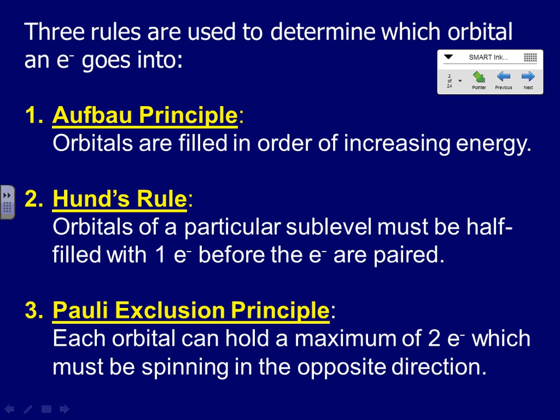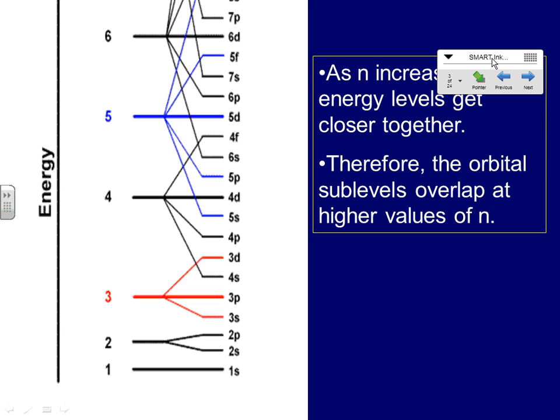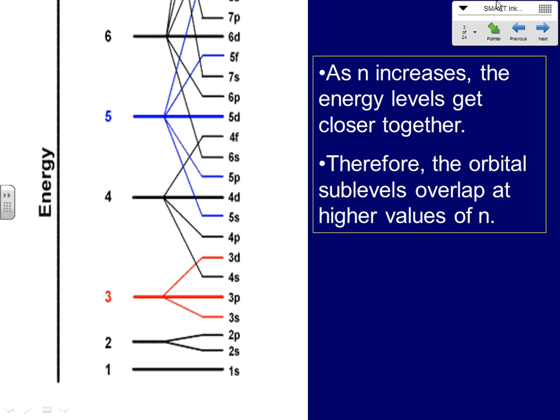Now let's talk about, we got to go back to the first rule here. What is that order in which we fill the orbitals? What is the order in which we put them together? And it's not that nice. So you can write what's in the box, but don't worry about the picture.